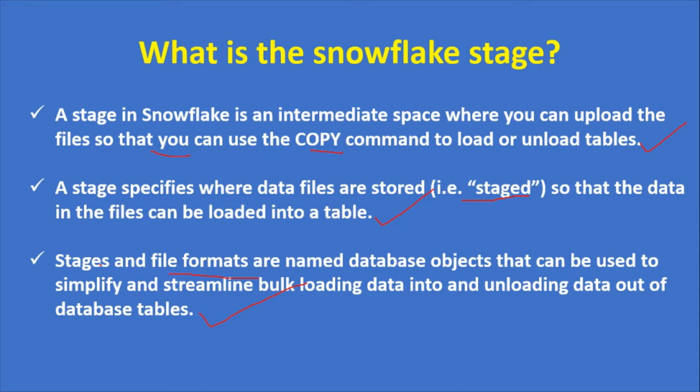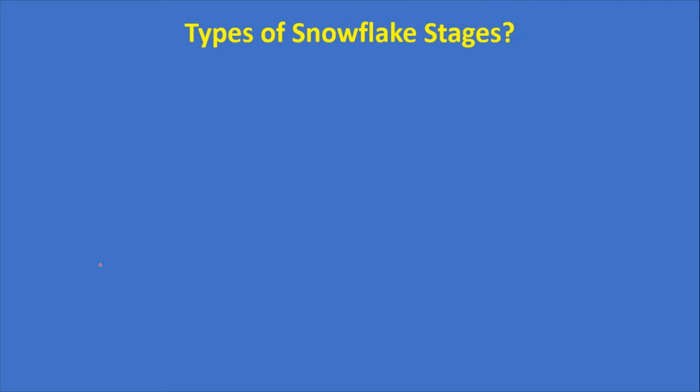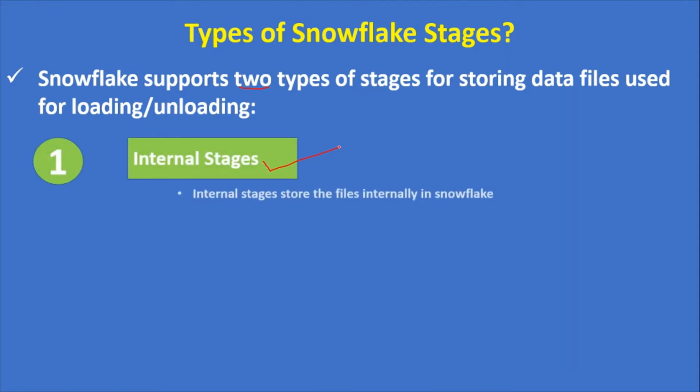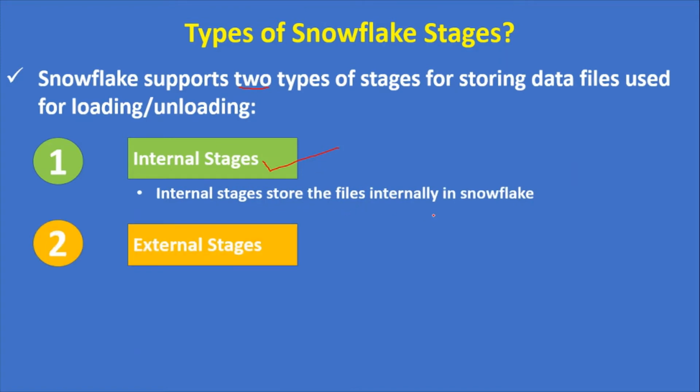Types of Snowflake stages. Snowflake supports two types of stages for storing the data files used for loading or unloading purposes. The first one is the internal stages. Internal stages store the files internally in Snowflake.